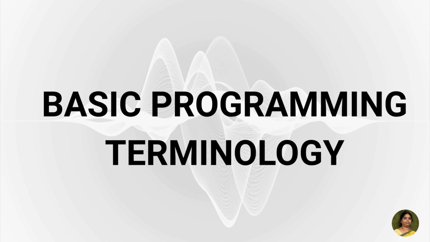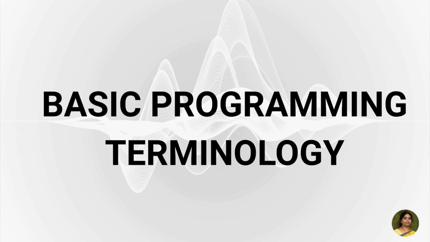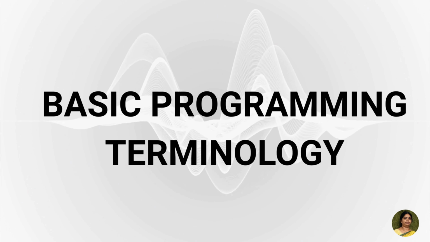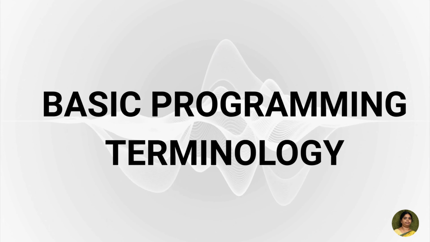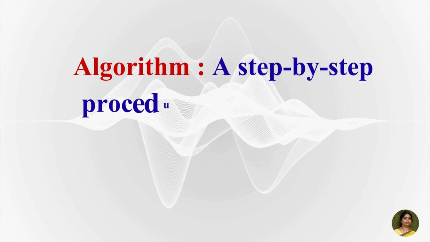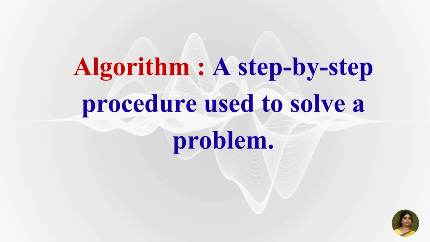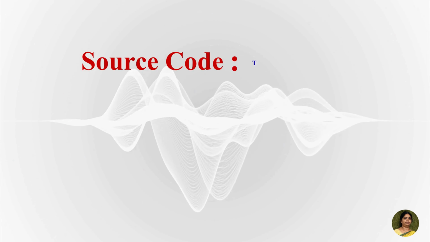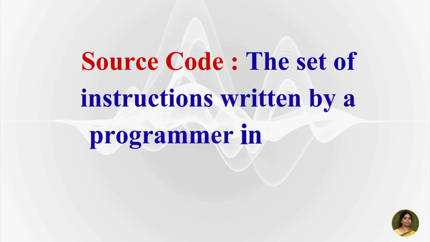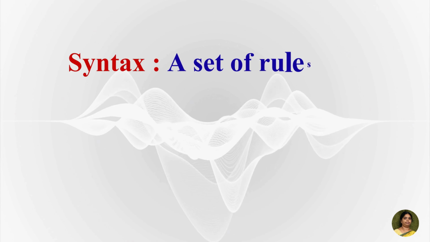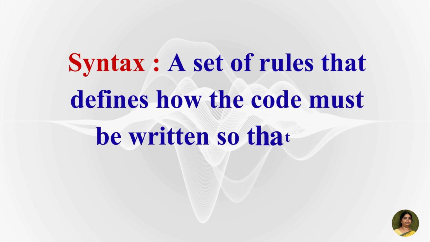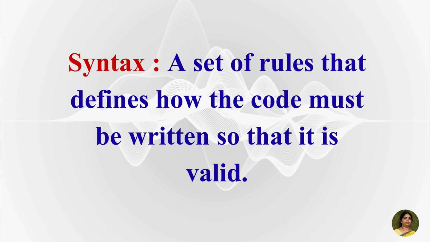Let's start with the basic programming terminology. What is an algorithm? What is source code? Syntax, keyword, variable, compiler. Algorithm: a step-by-step procedure used to solve a problem. Source code: a set of instructions written by a programmer in a high-level language. Syntax: a set of rules that defines how the code must be written so that it is valid.